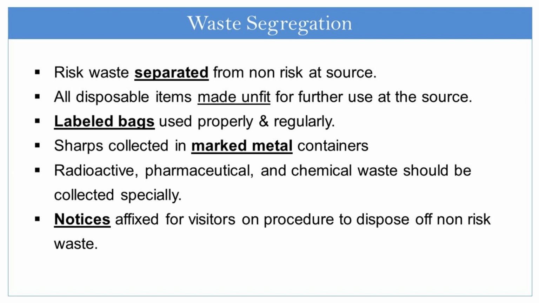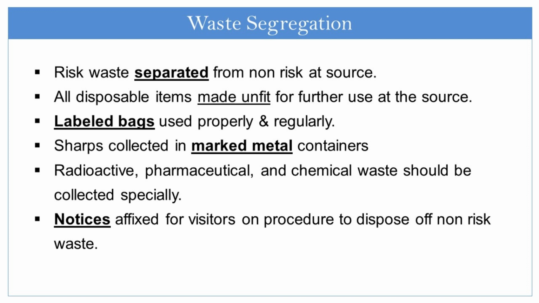So if you have at the bedside of the patient a black bin, a red bin, and a yellow bin, which we call the 3-bin system, all the swabs, blood-soaked swabs, will go into the red bin. The syringes and others will go into the yellow bin or the yellow box, which is a non-puncture one, and the general waste will go into the black one, which we'll be talking about, those three types of bins, in the next slides.